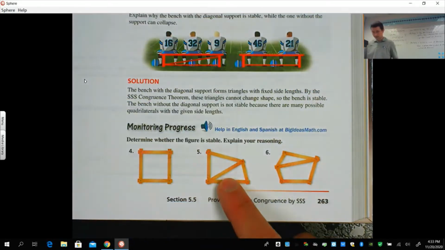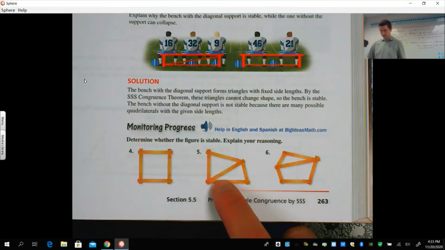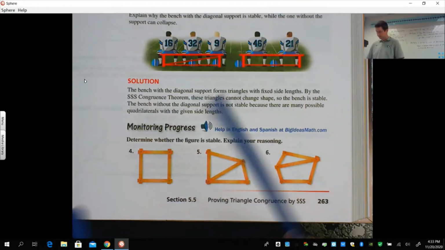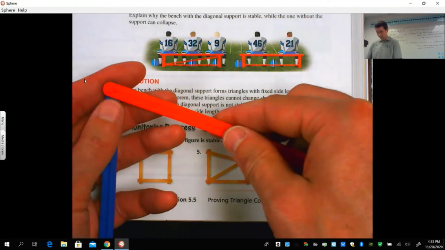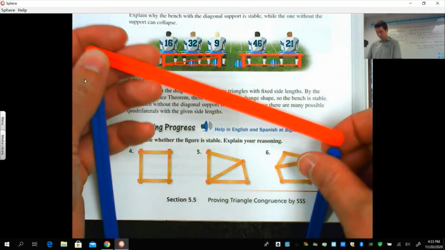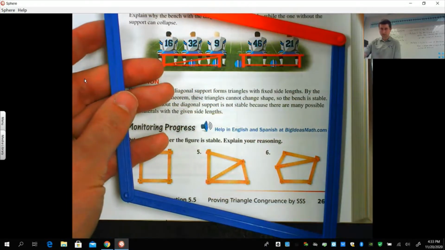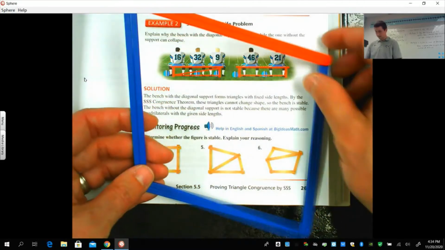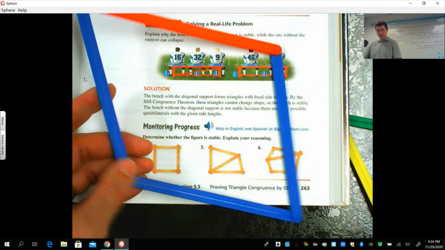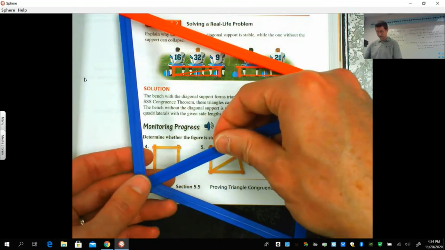Okay, this one here, is that stable? Well, I see the two triangles, so I would be inclined to think that it would be. So let's play around and see if we can get something going here. I'm going to make this one longer. Let me zoom out a little bit. Right now that's not stable, so let's put another piece across here like this.